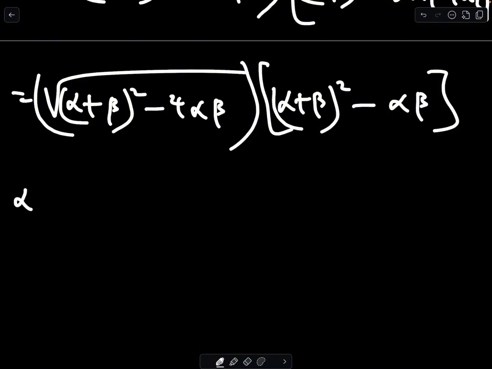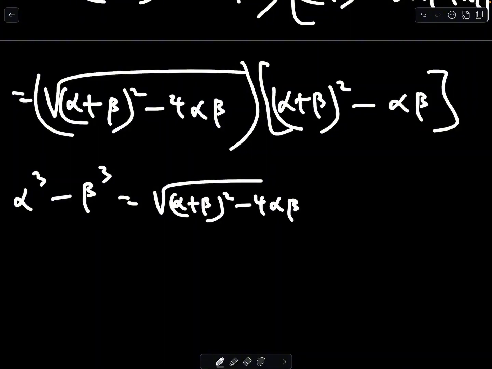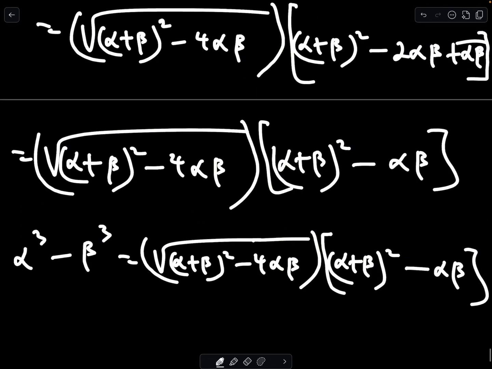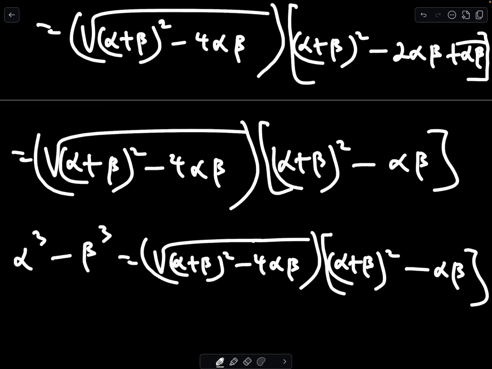That simply means alpha cube minus beta cube is equal to the square root of alpha plus beta all square minus 4 alpha beta times alpha plus beta all square minus alpha beta. And that's it. Very, very simple. You really don't need to memorize them. You can always derive them yourself.